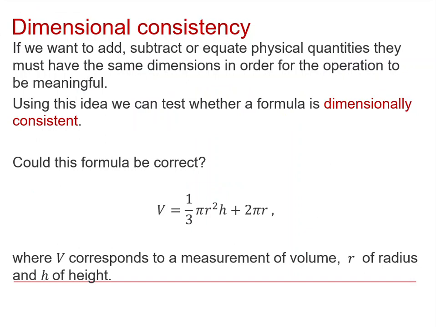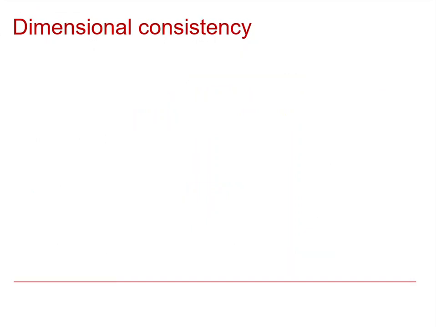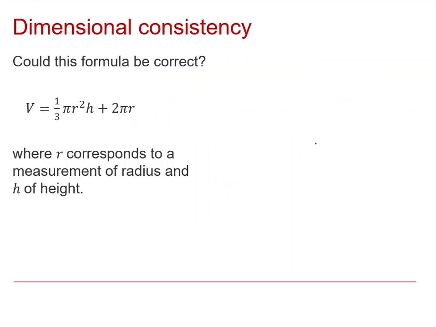And that, in a nutshell, is the idea of testing for dimensional consistency. So let's see how that works out with a formal analysis. It won't tell us anything new, but it shows how we can argue in a more formal way. The V term would have dimensions of L cubed, because it's a volume. 1/3 pi r squared h would be analysed by saying that a third and pi are dimensionless numbers, and then r squared is L squared and h is L, so we get L cubed again.